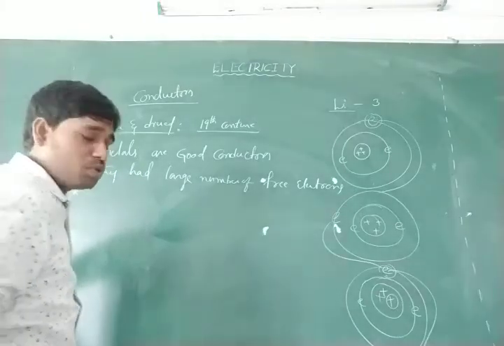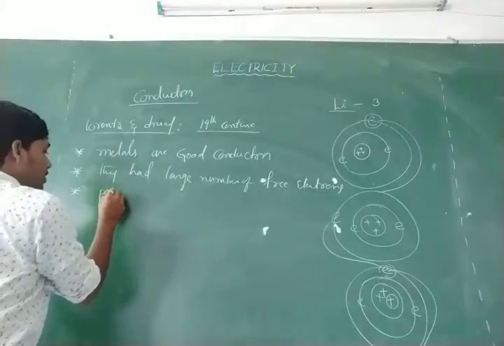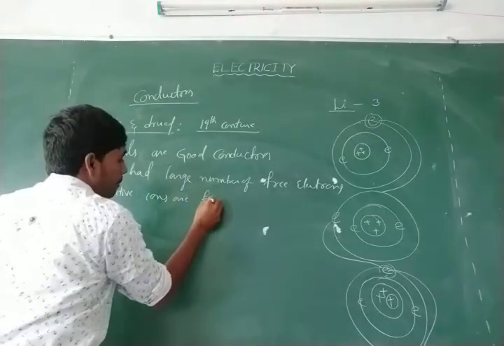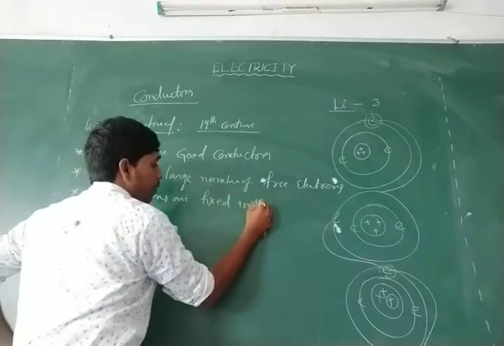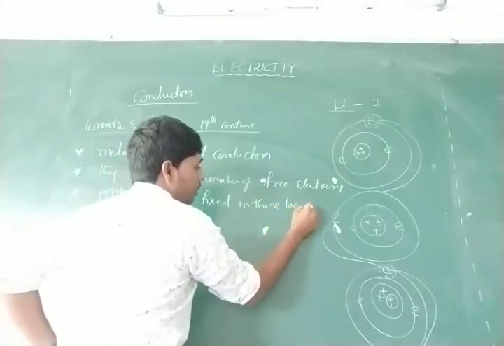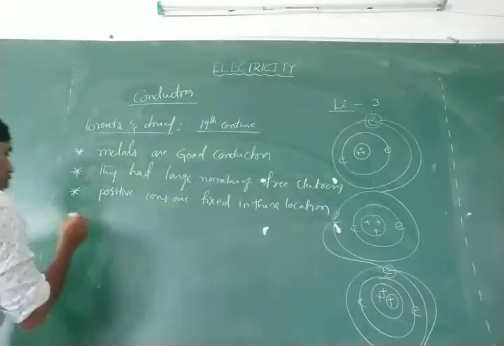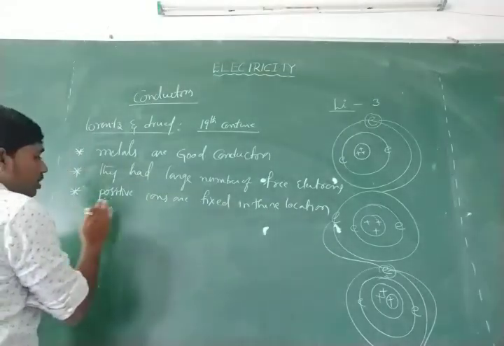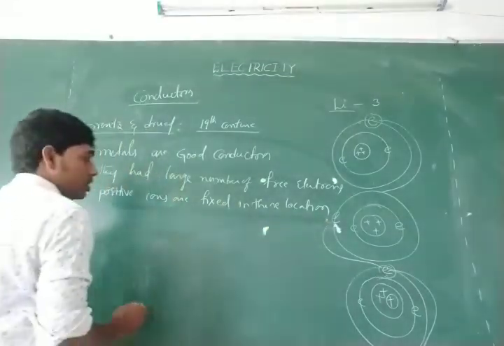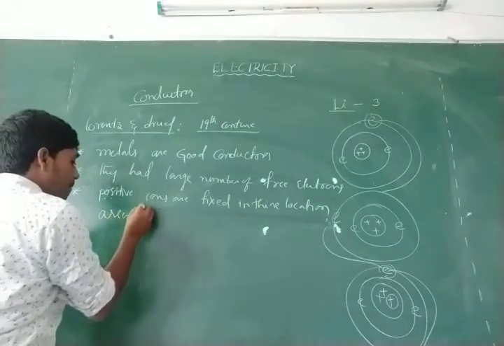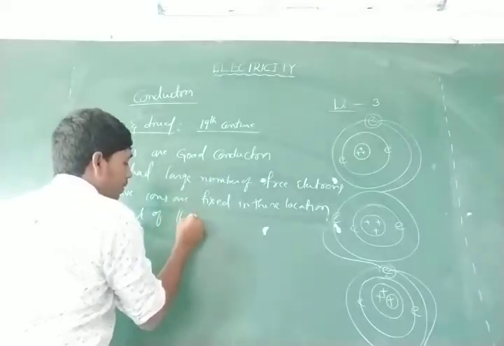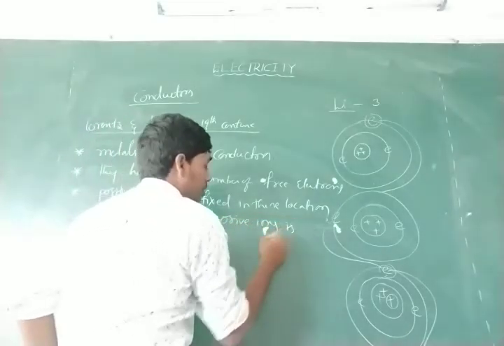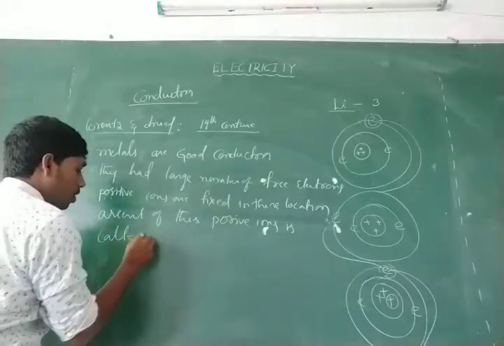And one more thing they said: positive ions are fixed in their location. The arrangement of these positive ions is called the lattice.